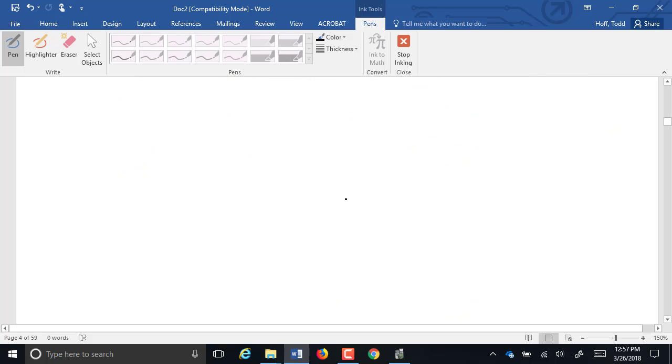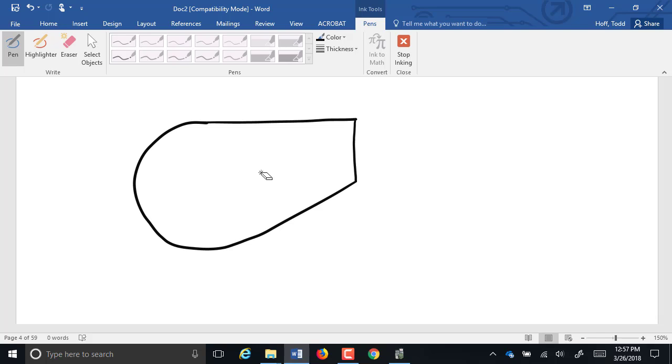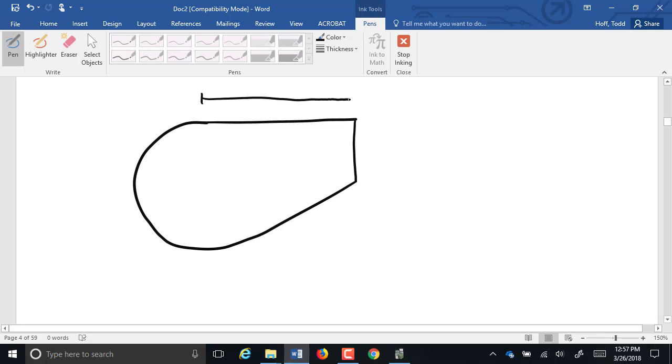How about a shape like this? Let's say I tell you that this is 40 feet.